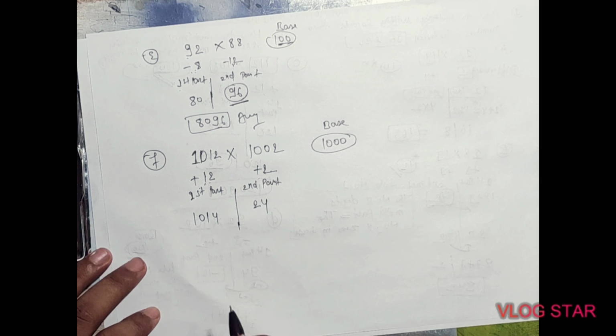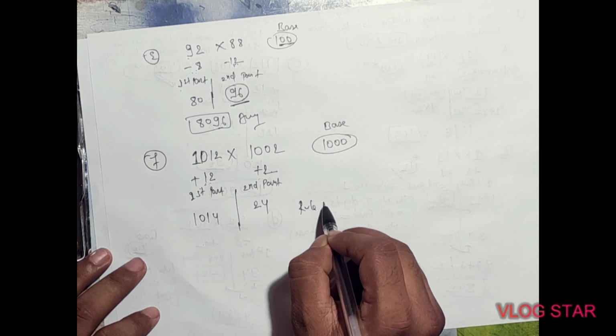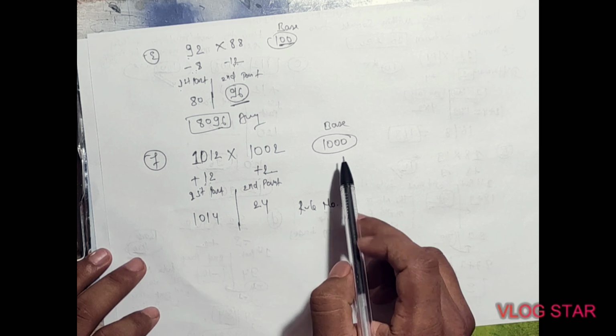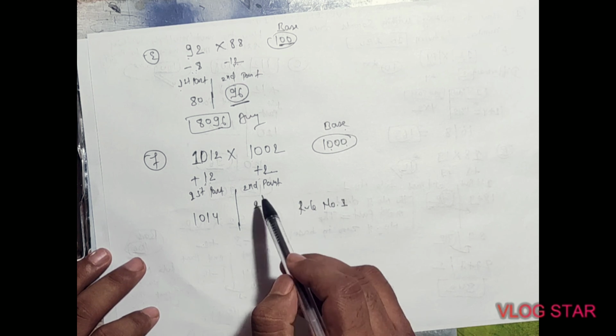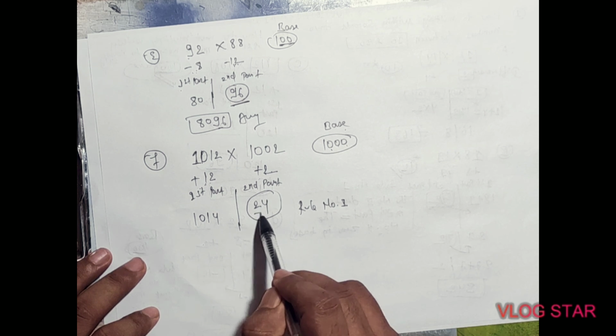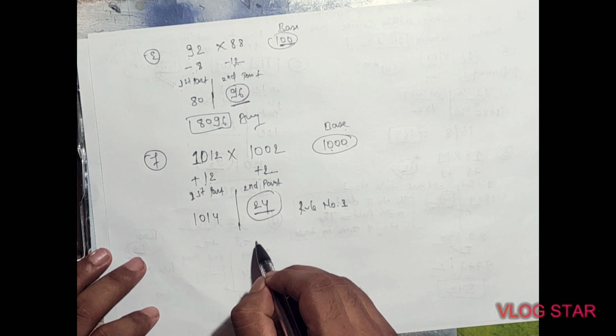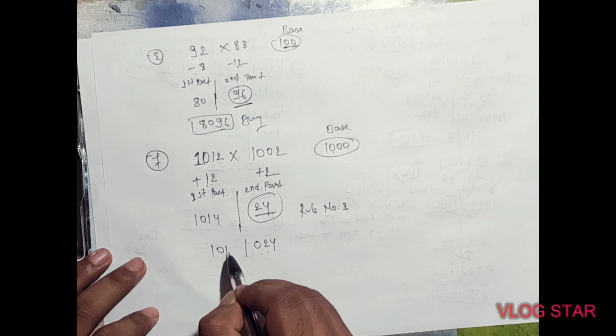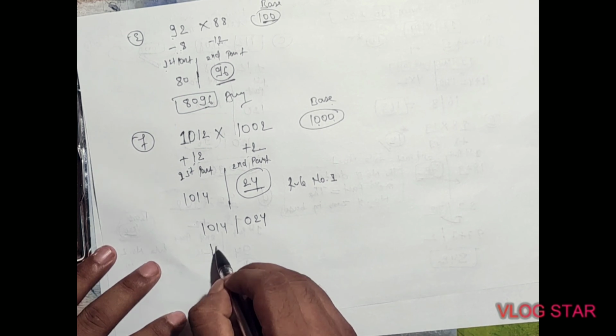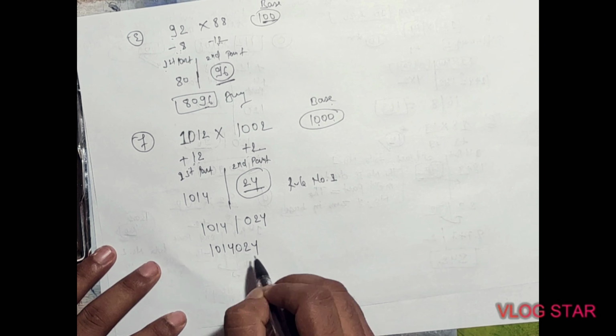Okay, now here comes rule number 1. Always remember, the number of zeros in base 1000 should be equal to the number of digits in the second part. Here we only have 2 digits, so we'll add a 0 before 24, and we'll get 1014024 as our answer.